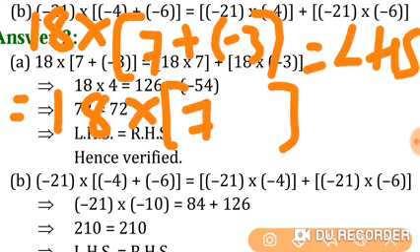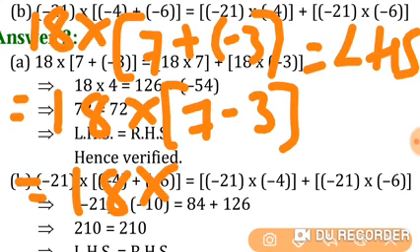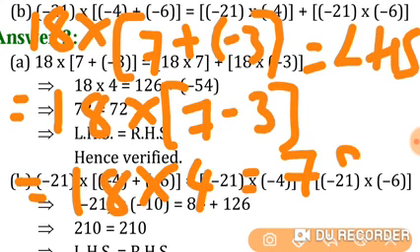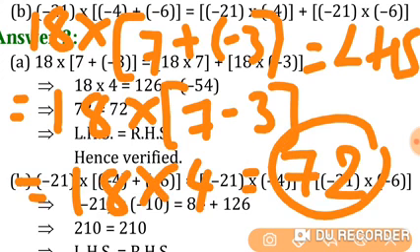See, in between plus is there, this sign will not change. So minus 3 as it is. 18 into 7 minus 3 is 4. 18 4s are 72 is the answer. If you solve LHS and get 72, you must get the solution of RHS also 72, then only it is equal. By that we can say that hence it is verified.